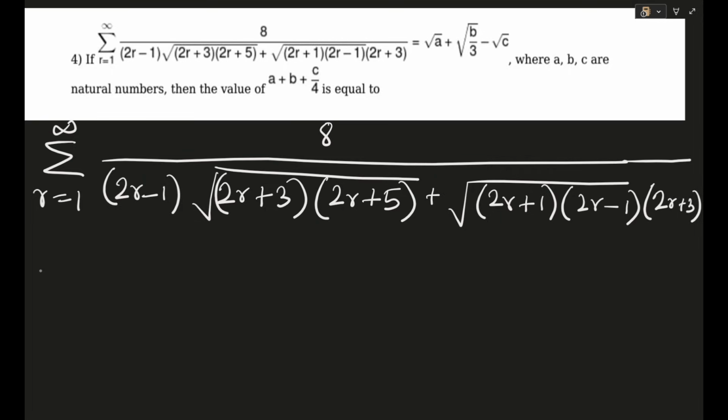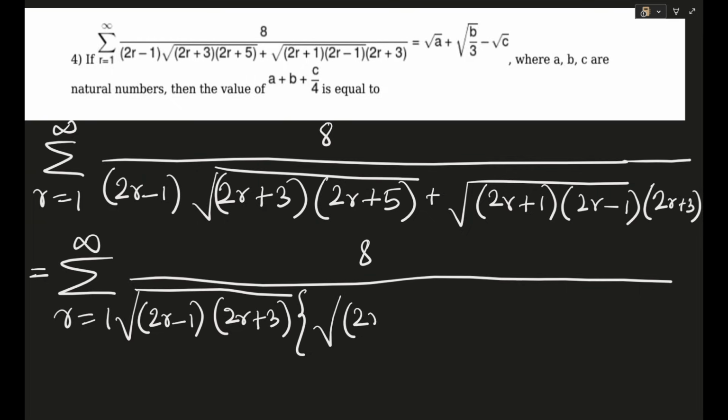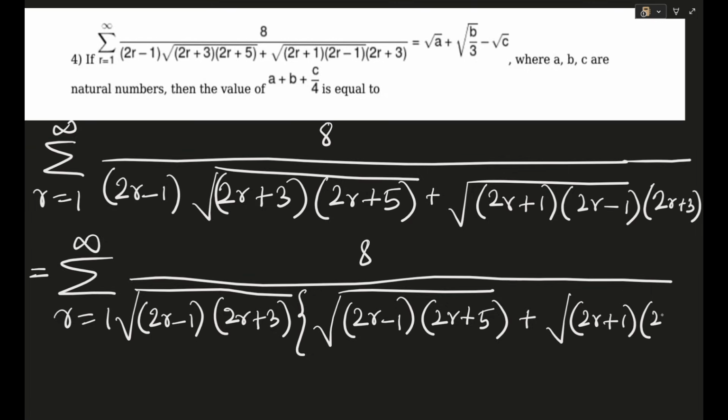So the first thing that we are going to do is I will take this as sigma r equals 1 to infinity, and I am going to pull out root 2r minus 1 into 2r plus 3 from the denominator. So this thing inside the bracket becomes root 2r minus 1, 2r plus 5 under the root plus of root 2r plus 1, 2r plus 3 under the root.